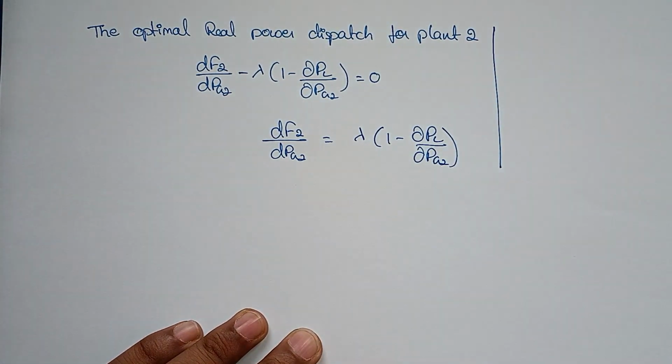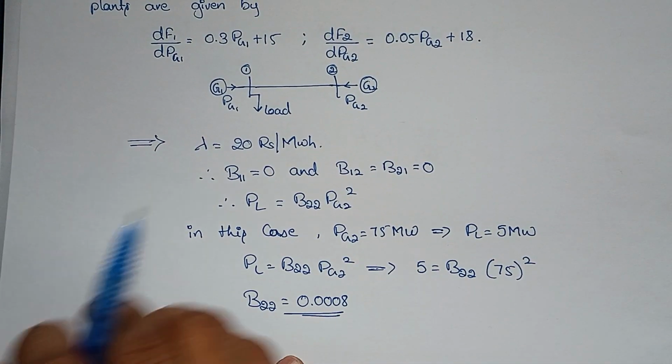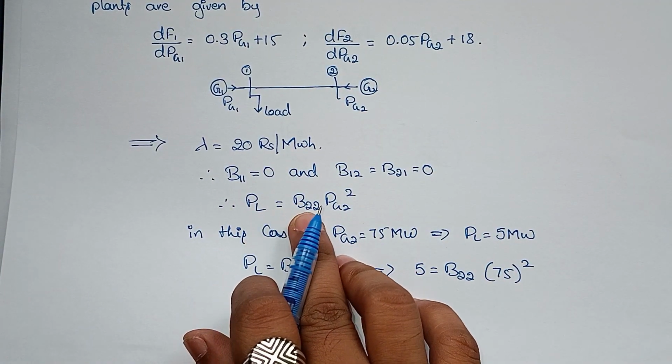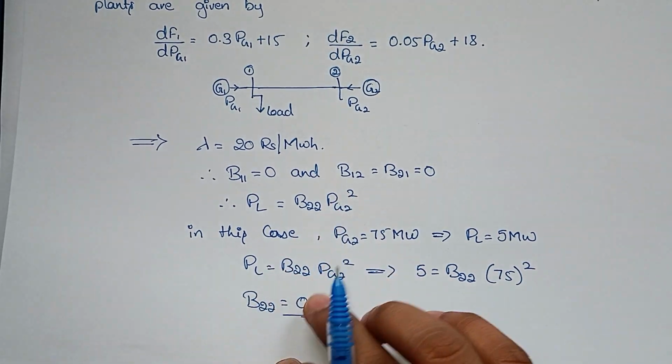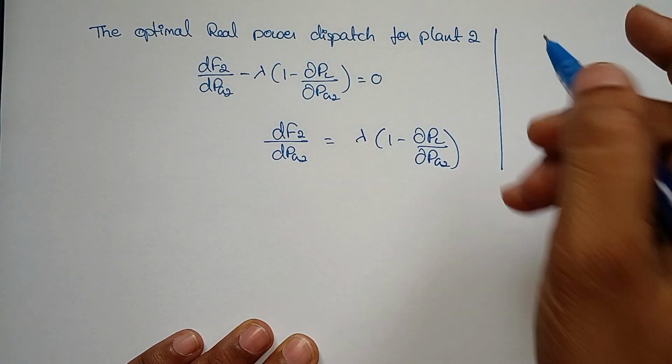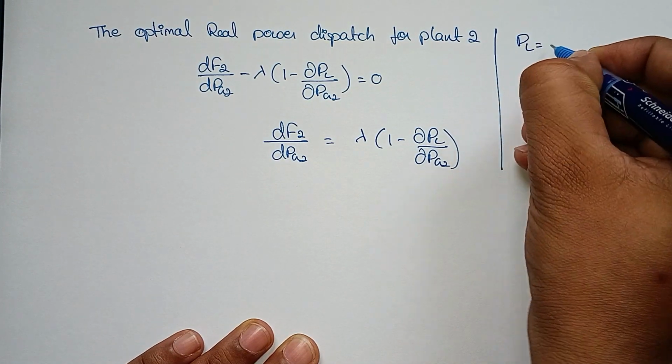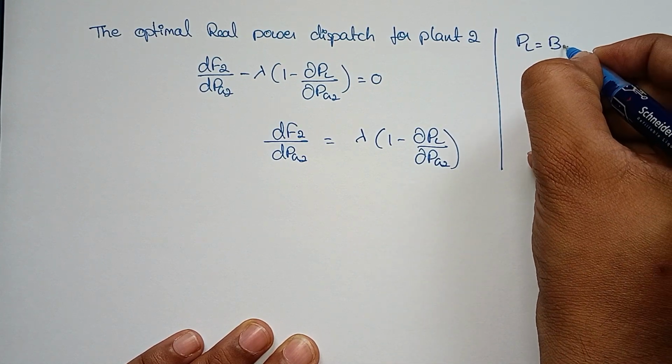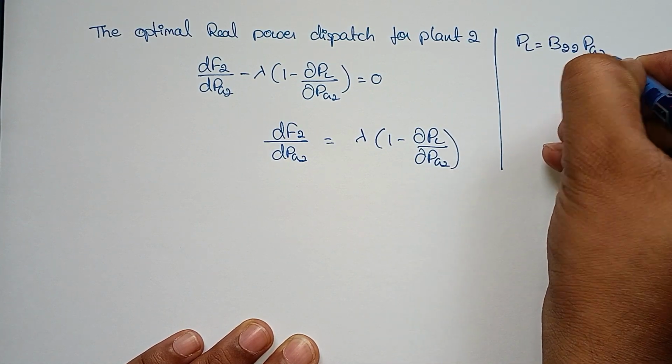From the B coefficient or the loss equation, we have PL equal to B22 into PG2 square.